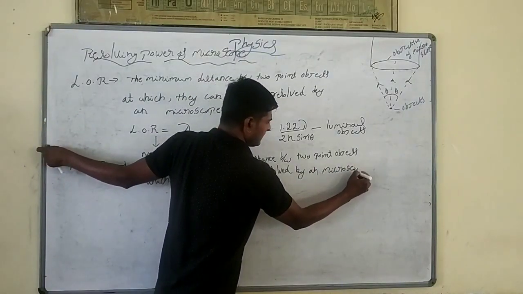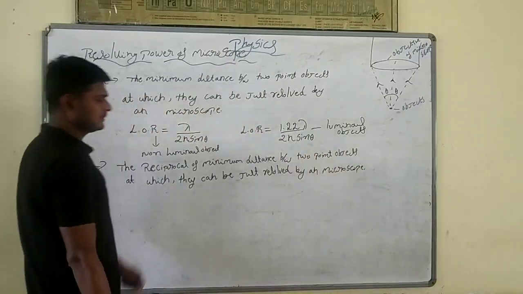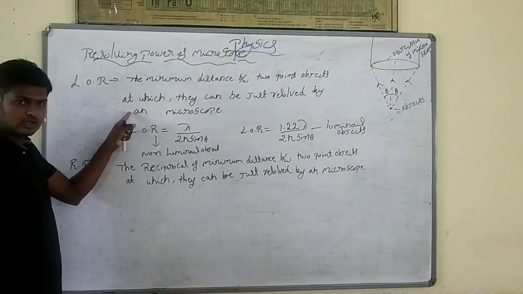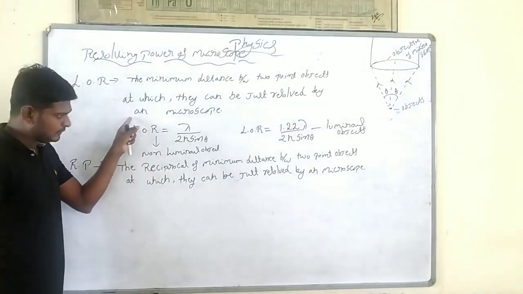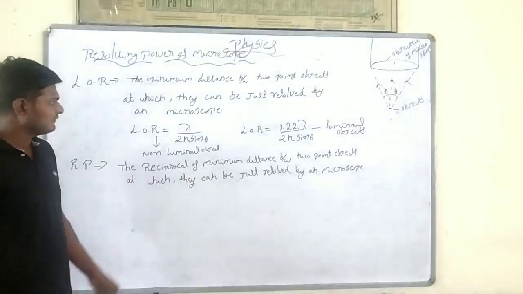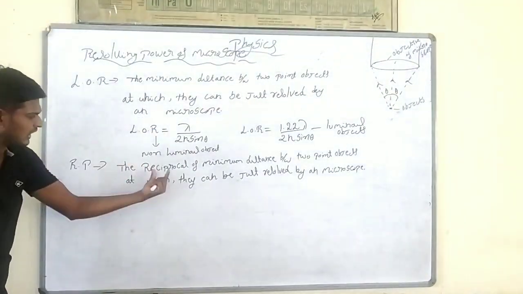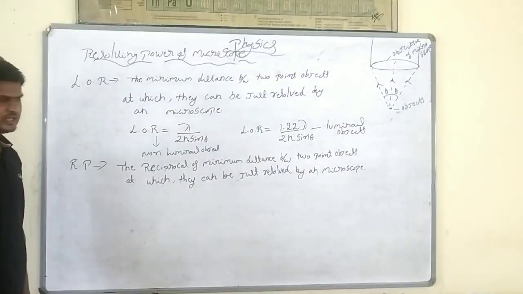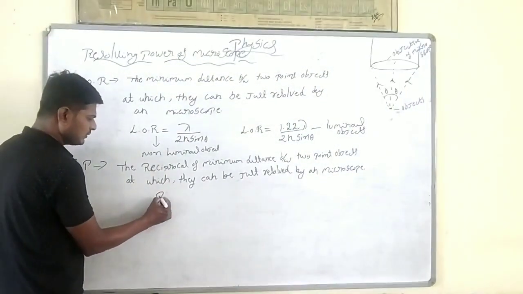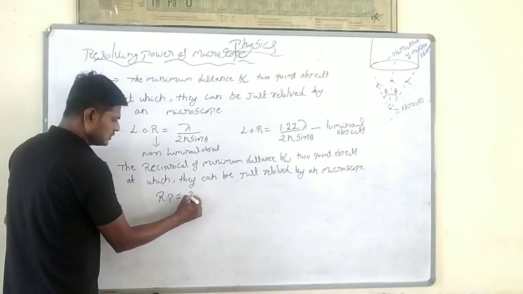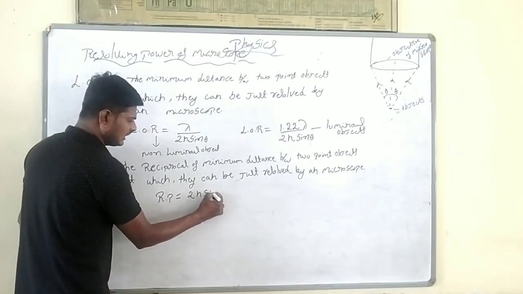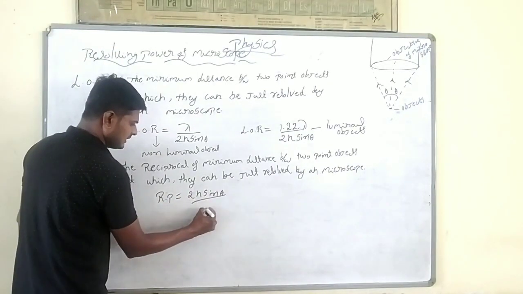By a microscope means, already we know, resolving power is inversely proportional to the limit of resolution. Same definition, the reciprocal of it, means the resolving power is equal to 2n sin theta divided by lambda.